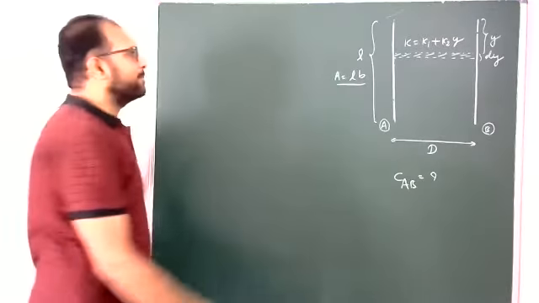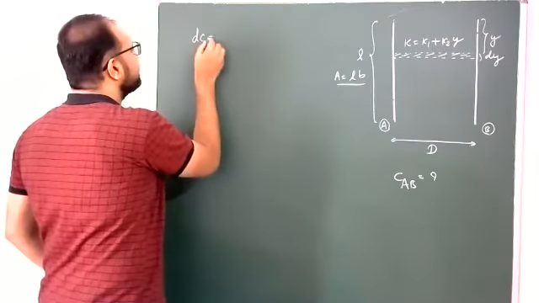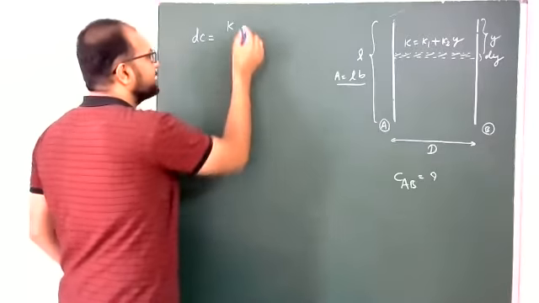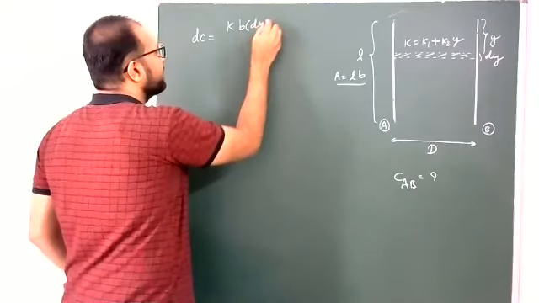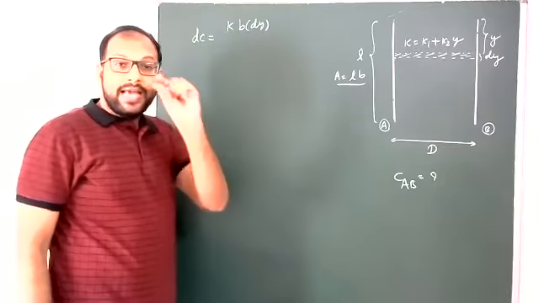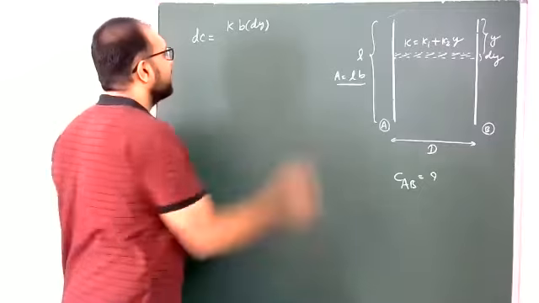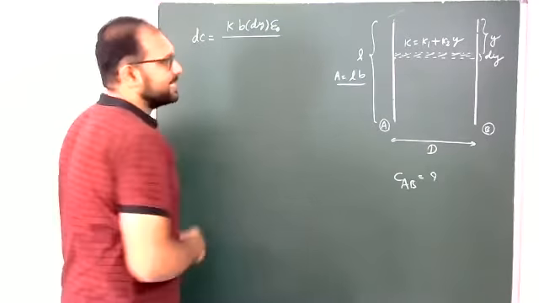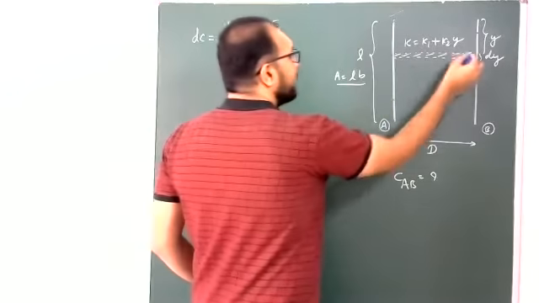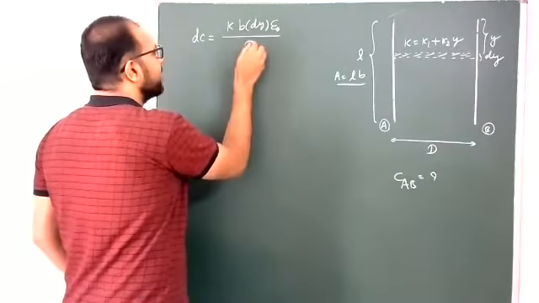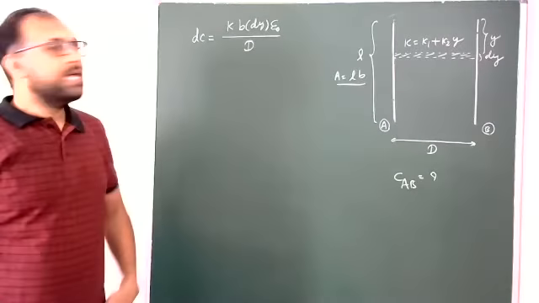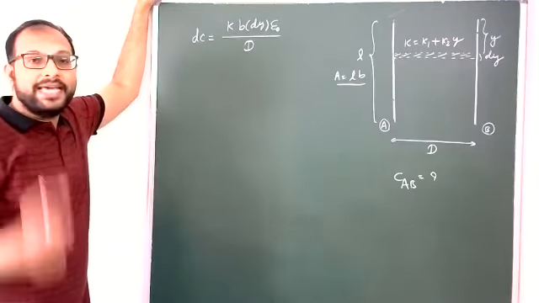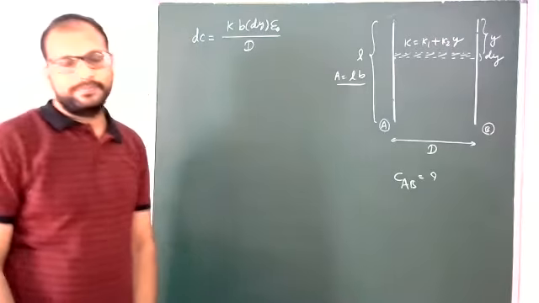The capacitance of that small strip is dC equal to K times area of the strip, which is B into dy, times epsilon naught, divided by the distance, which is capital D. So dC equals K B dy epsilon naught divided by capital D. That is the capacitance of only this small strip.